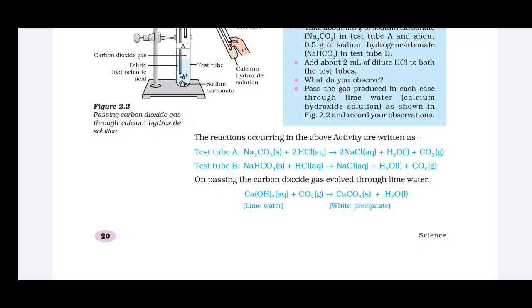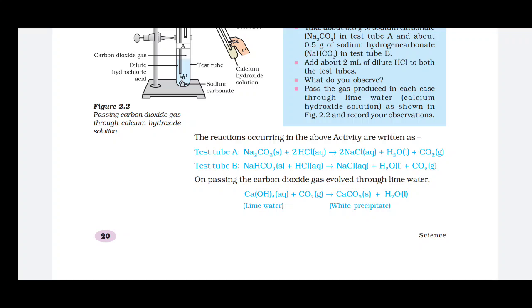In test tube B, you have NaHCO3, that is sodium hydrogen carbonate. In test tube A we took sodium carbonate, and in test tube B we have taken sodium hydrogen carbonate, which plus HCl will react and form NaCl, H2O and CO2.